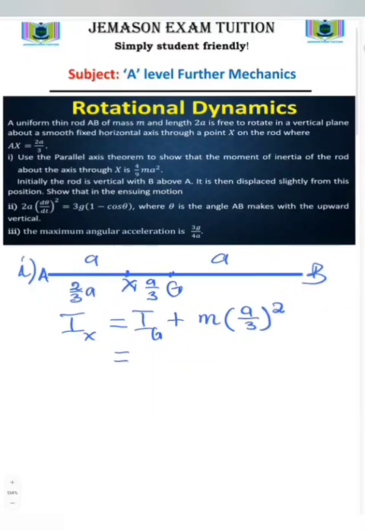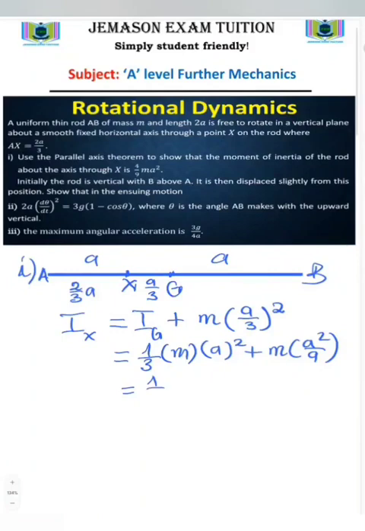Now, the formula booklet provides the moment of inertia of a rod about an axis through the center as 1/3 the mass, which is m, times half the length, and the length being 2a, half of the length is a, squared, plus m into a over 3 squared, which gives a squared over 9.